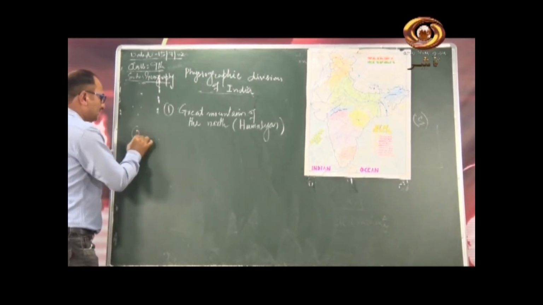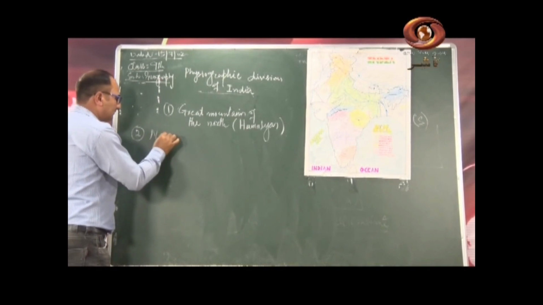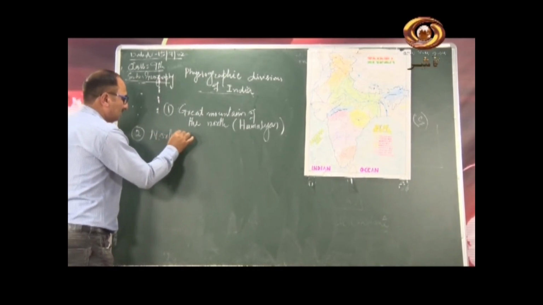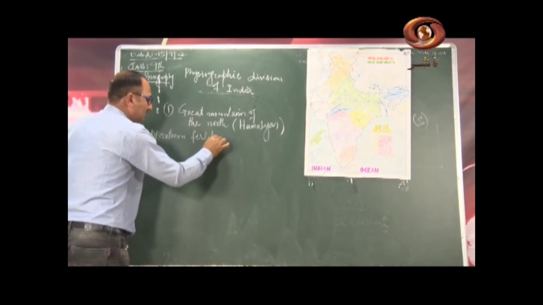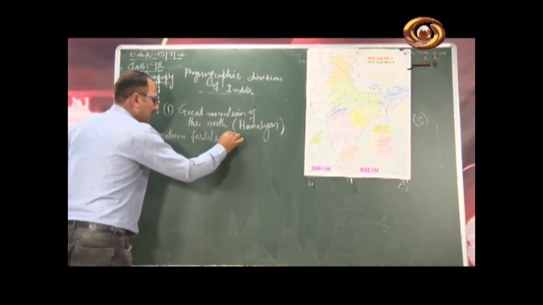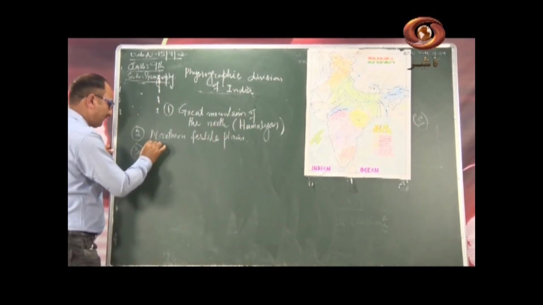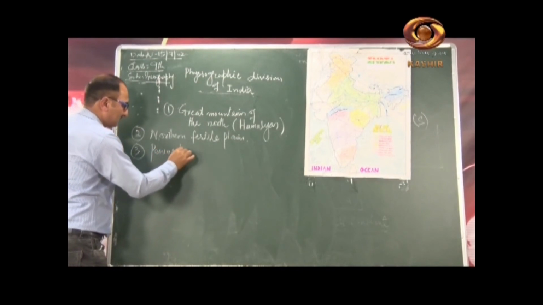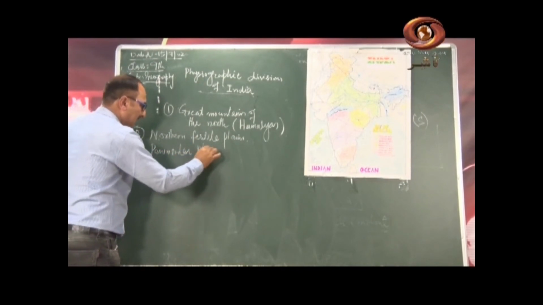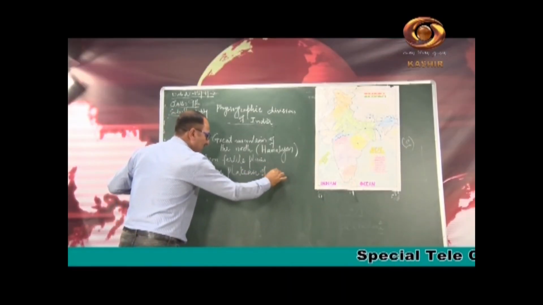Number 2 is northern fertile plains. Number 3 is peninsular plateau of India.